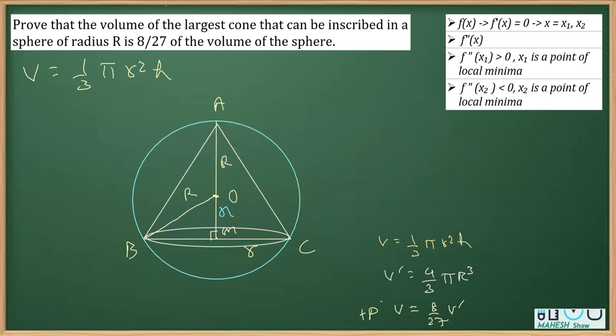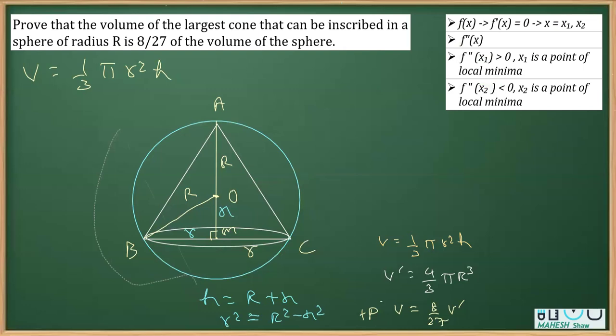So I can write the height in terms of x. The height of the cone is what? This plus this, that is OR, which is capital R, plus x. And I can also use this, this being the radius of the cone, to obtain the relation: r square, the square of the base, is equal to the square of the hypotenuse minus the square of the perpendicular.